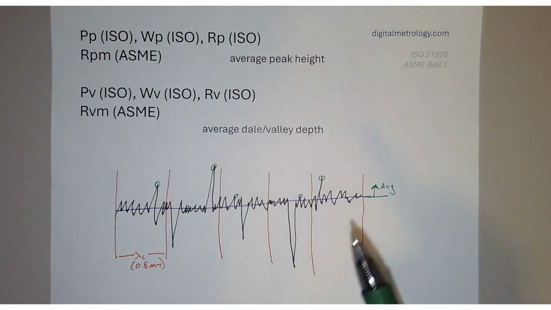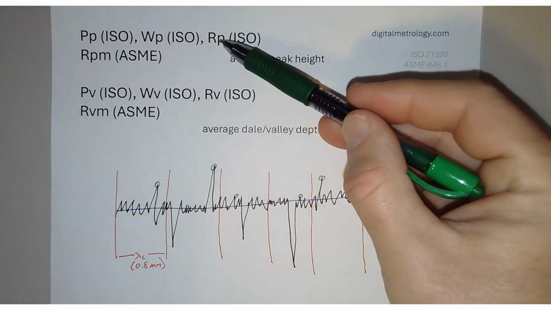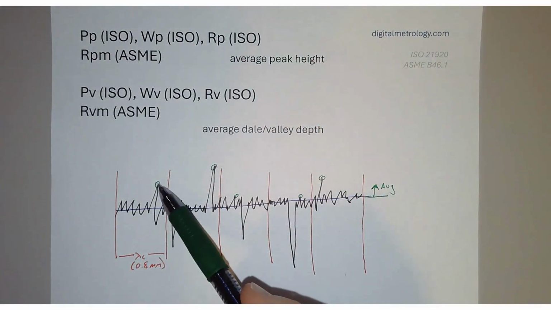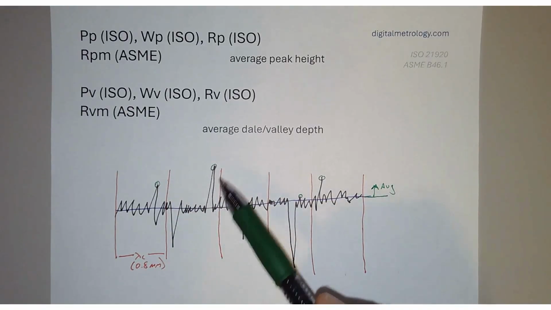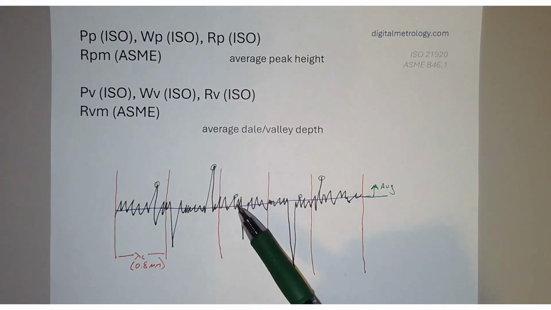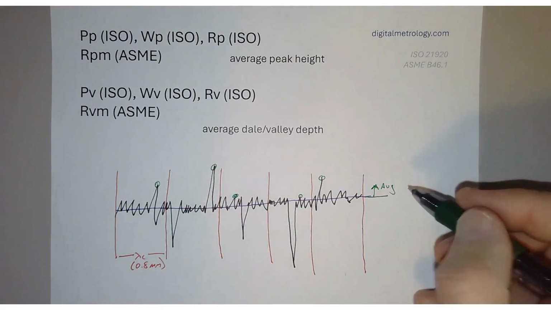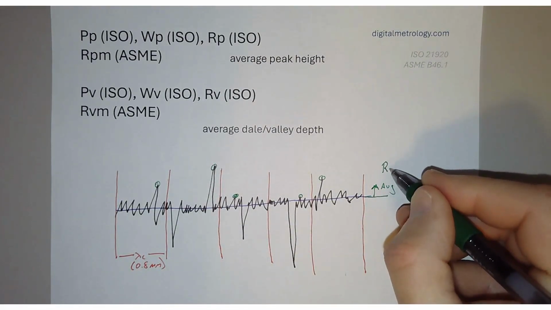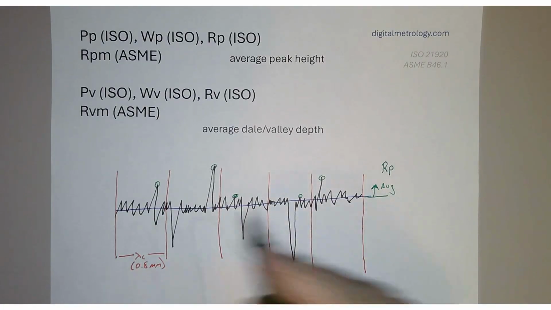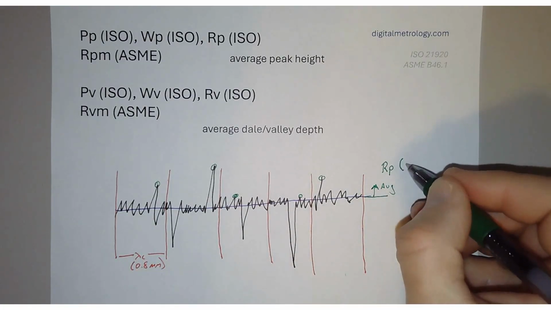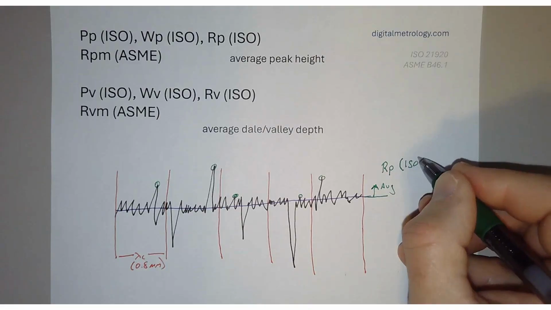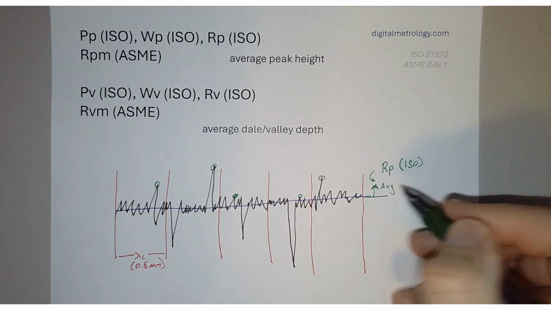So in this case, RP, the roughness profile peak height, is this height for this sampling length, RP is this height for this sampling length, and the average RP becomes the total RP for the evaluation length. So RP, according to ISO, is the average.